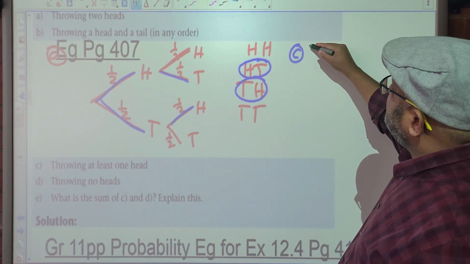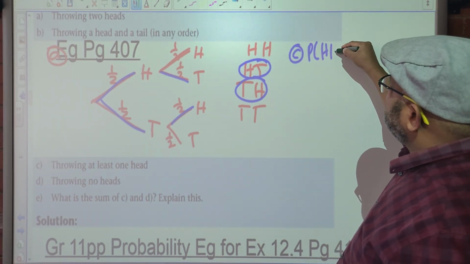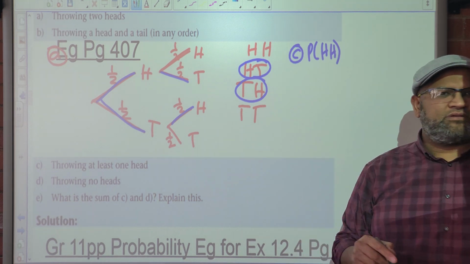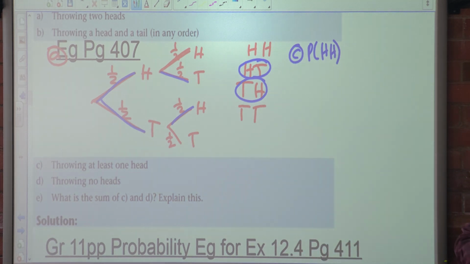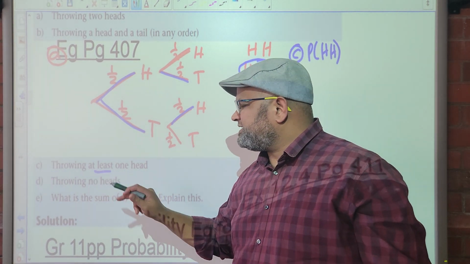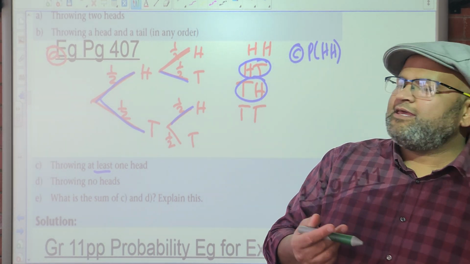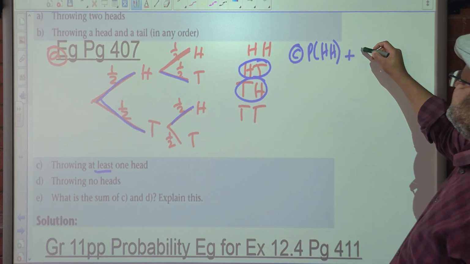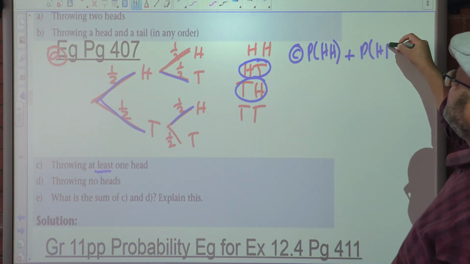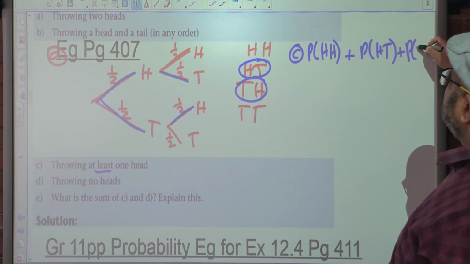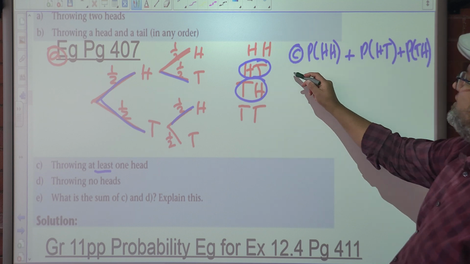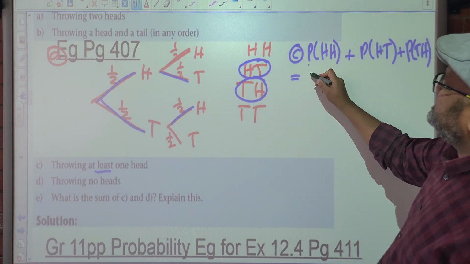It could be heads, not so? You say no. What does it say? At least. So it can be more. Not so? Heads heads, heads tails, tails heads. What's the probability of that?